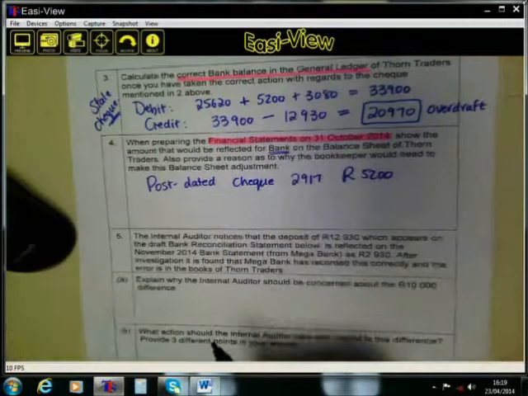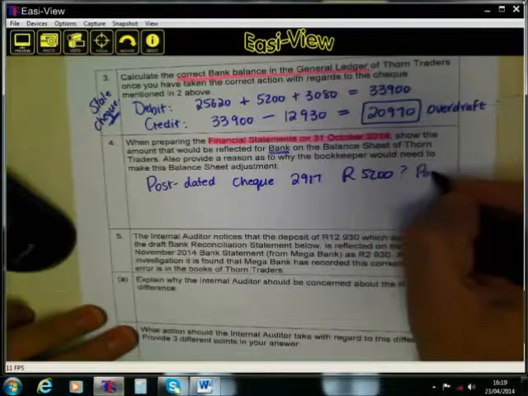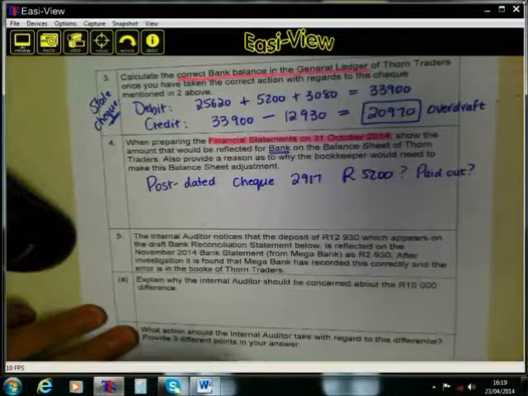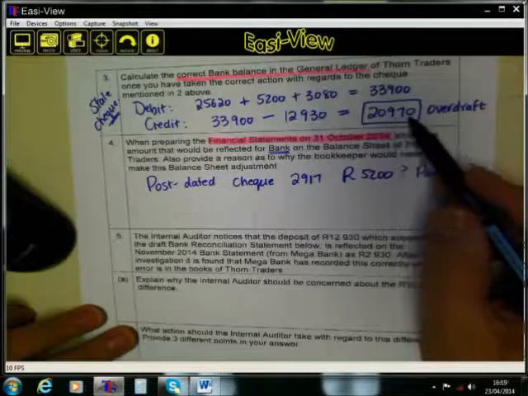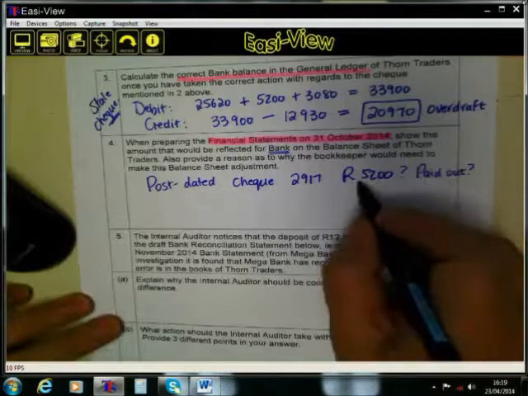And I'm going to ask you, is this money already paid out? No, it's not. So we cannot say that the bank balance will be 20970 in an overdraft at the end of the year in the financial statements, because that amount was not paid out.